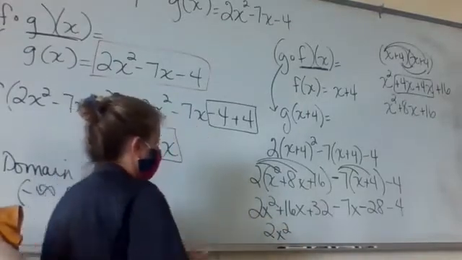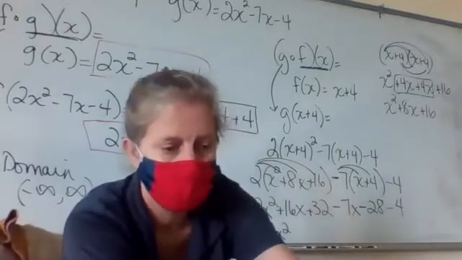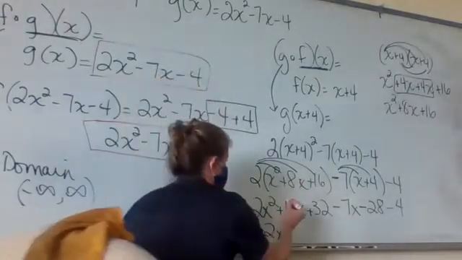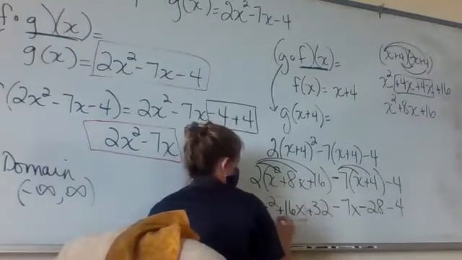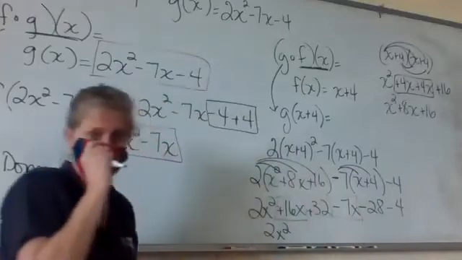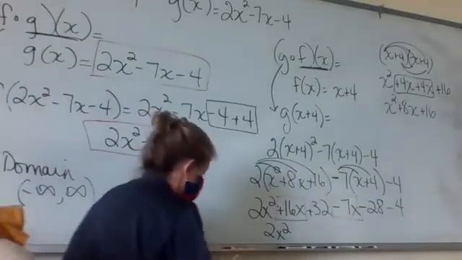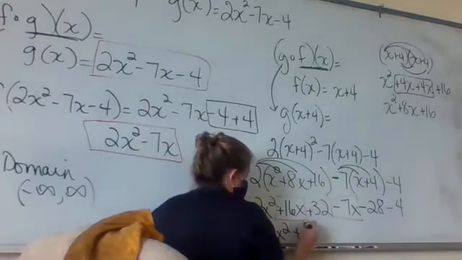But there are other things I can put together, like this x can go with this x, right? Those are like terms. I can put the 16x with the negative 7x, which gives me 9x.